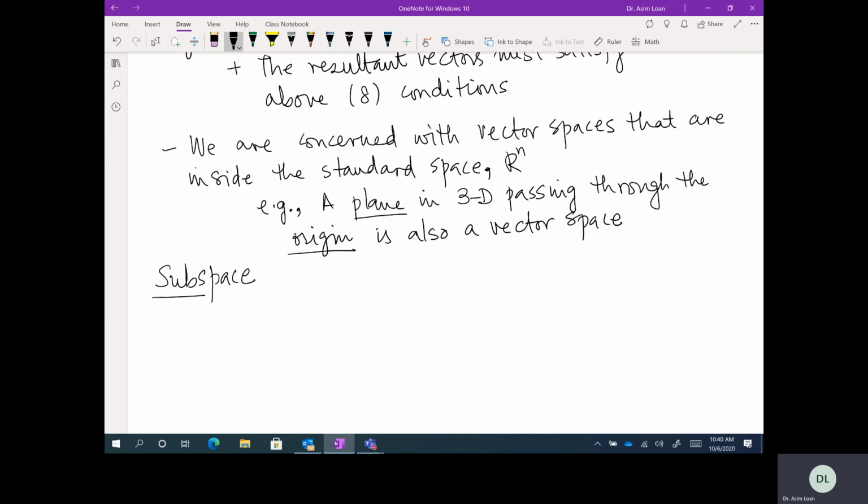Space and subspace are related in the same manner as a set and a subset are. So just the same relationship between a set and a subset holds in this case too, between a space and a subspace.